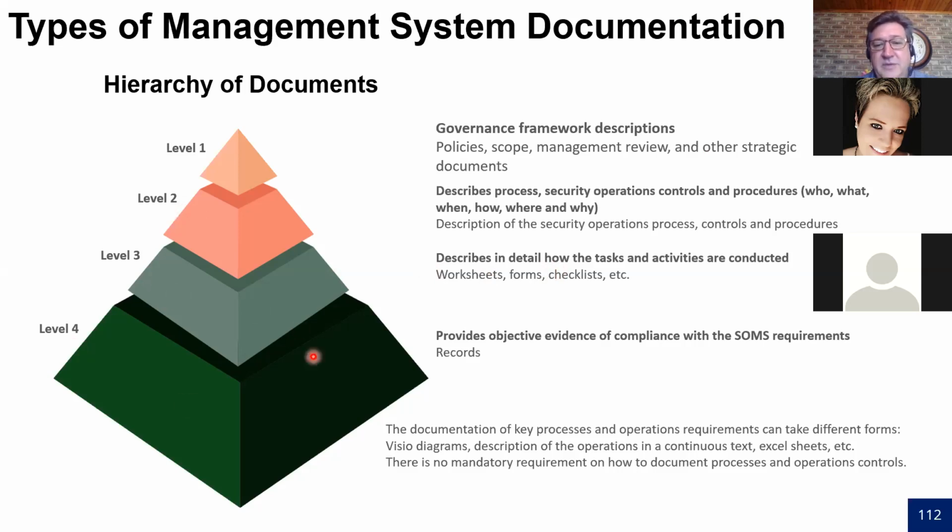And then level 4 documents are speaking about it provides objective evidence of compliance with the requirements. And if we're looking at objective evidence, we are speaking here about evidence like a simple thing. In level 3, you've got an attendance register. Now that attendance register, without the data in it, that it was completed on and who is attending a meeting, that is not evidence as yet. That is just evidence that you've got a template.